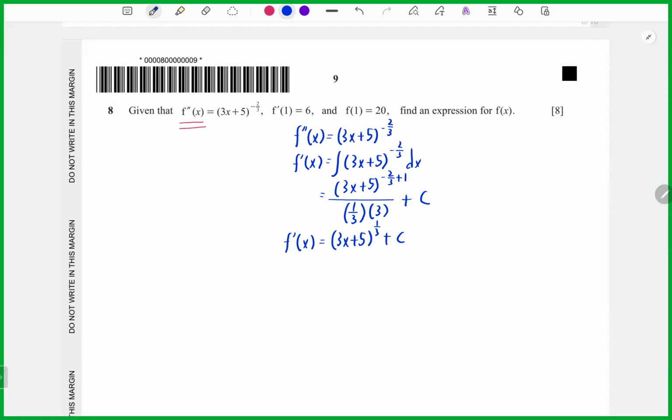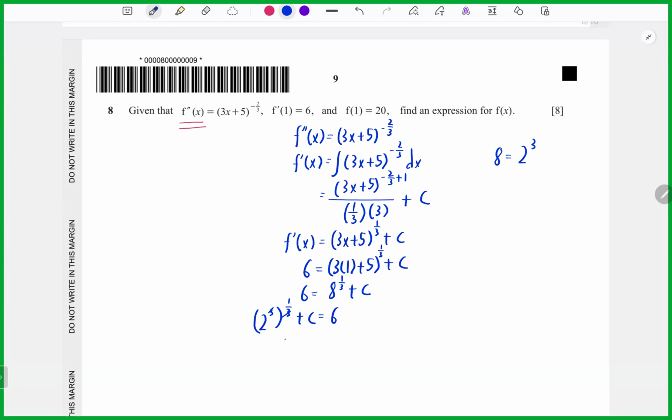So I can have here 6 equals (3(1) + 5)^(1/3) plus c. That is 8^(1/3), so 6 equals 8^(1/3) plus c. 8 actually equals 2 to the power of 3, right? So you can write (2^3)^(1/3) plus c equals 6.